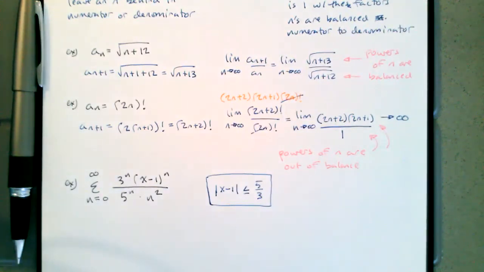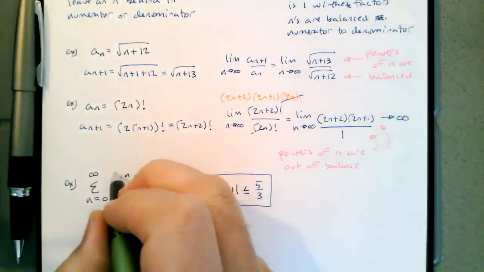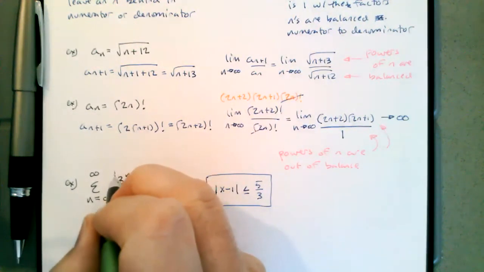Professor, how come it's 5/3 instead of 3/5? Because we're not just looking at what's going on here, we're thinking about the common ratio of the geometric series.